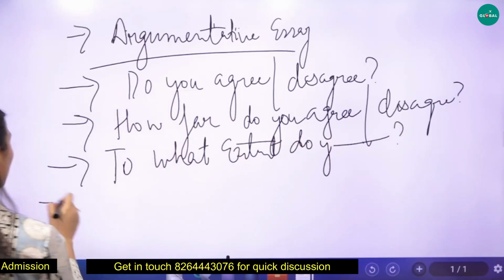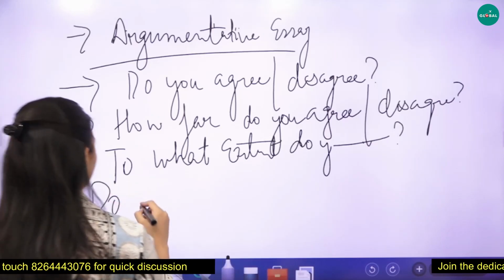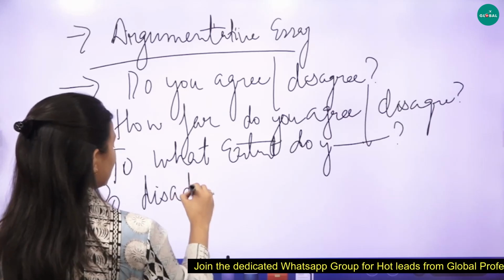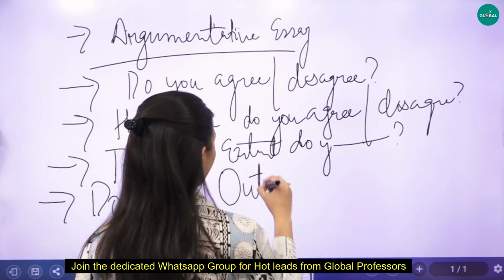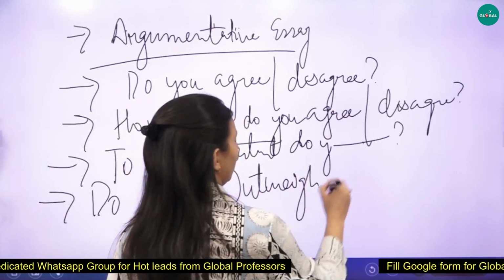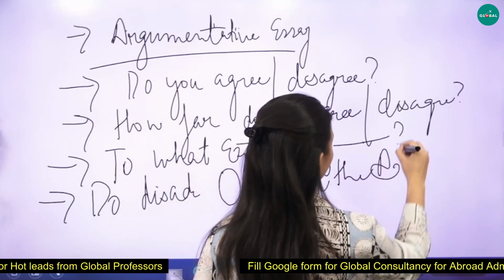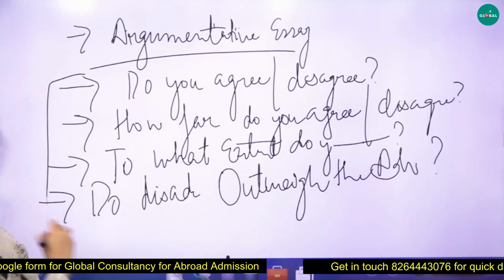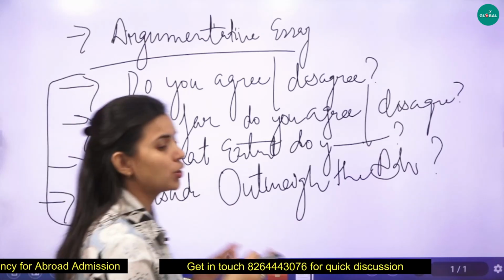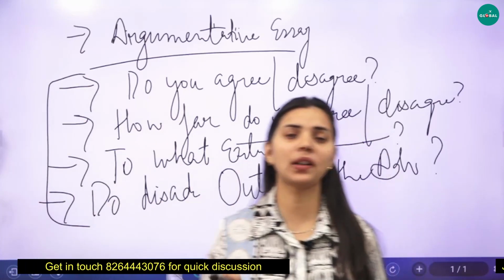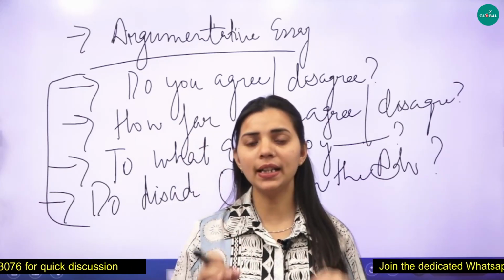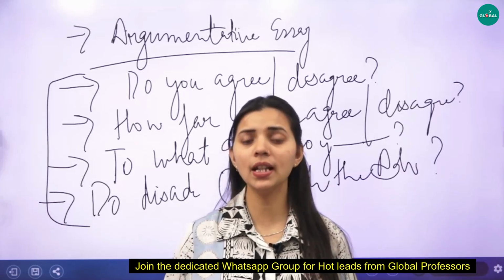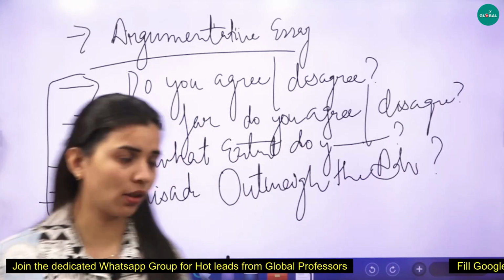Or one more is, do disadvantages outweigh the advantages? Whenever you see these four kinds of statements after any question, you need to understand that this is the argumentative type of essay. Majorly it is to define, do you agree or disagree? How far do you agree or disagree? Something like that needs to be taken care of, right?